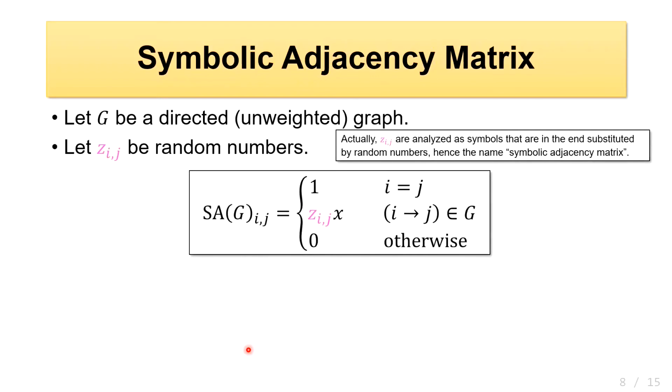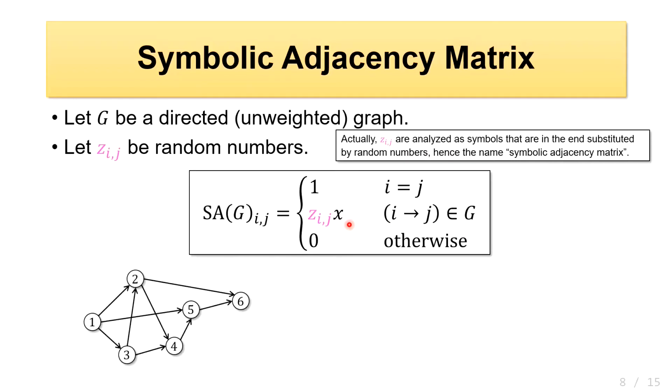The symbolic adjacency matrix of G, which we call SAG, is a polynomial matrix. This means each of its entries is a polynomial over some formal variable x. On the diagonal, the entry is the constant 1. And for each edge i to j, we have a random number multiplied by x, which is a monomial of degree 1.